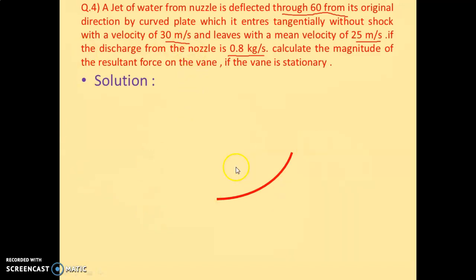Now this is a curved vane. This is a stationary curved plate or a vane. The jet of water enters tangentially without shock with a velocity of 30 meter per second. This is the jet of water which enters the curved plate tangentially without shock at 30 meter per second.